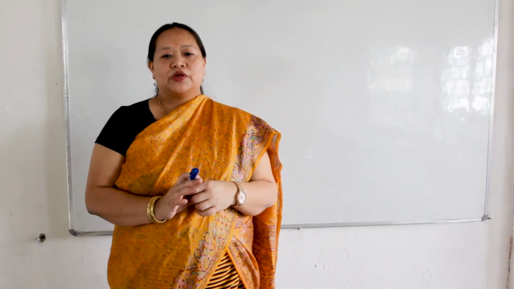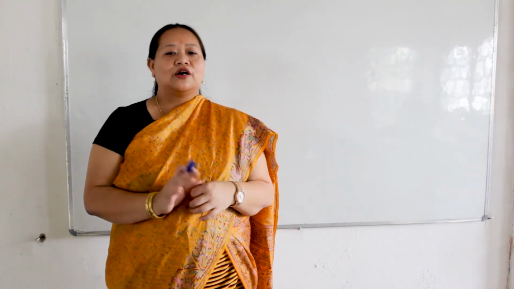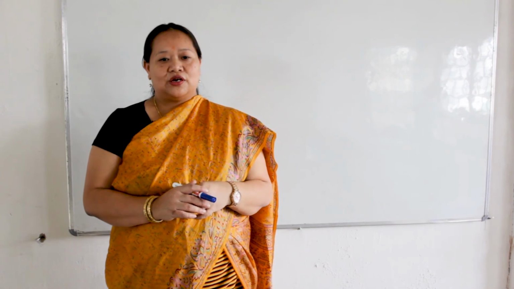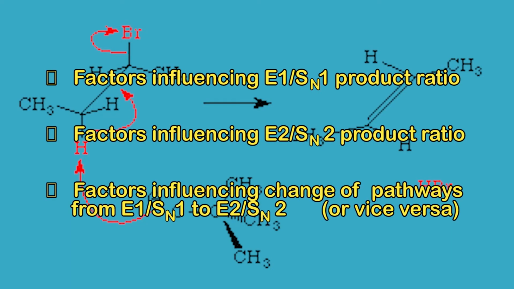So we have three main issues concerning substitution versus elimination reaction. What are these? Number one, the factors that influence the E1 over SN1 product ratio. That is, if you have factors that give more E1 products, then the factors which also give SN1 products have to be taken into consideration.